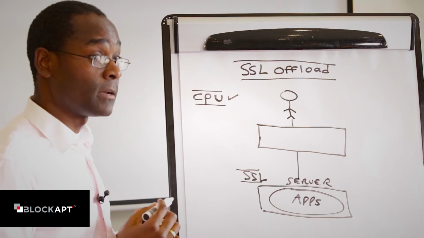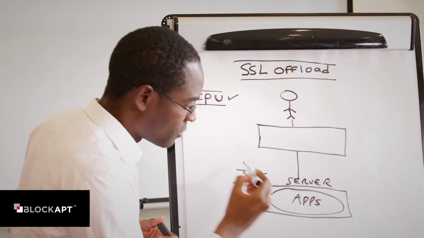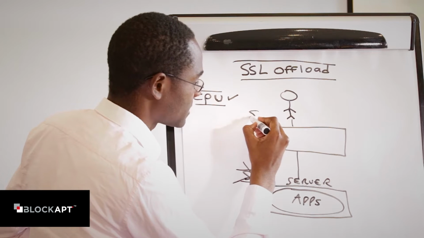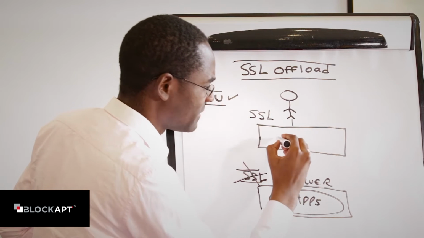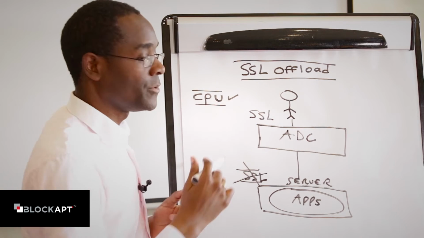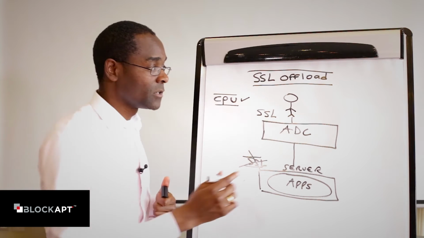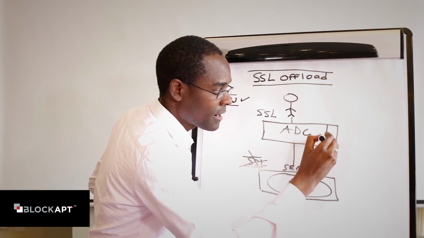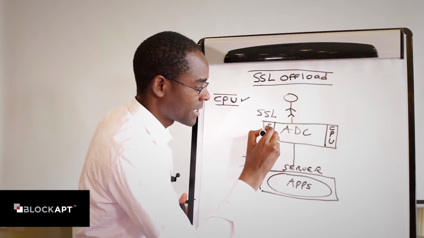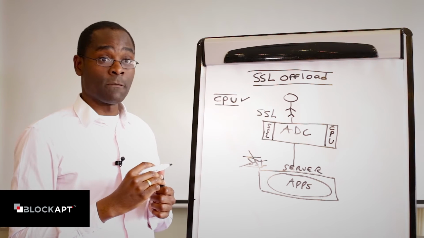So essentially, I don't need to have any of the SSL on my backend server. I can offload it to this device. Why? Because these devices are usually designed to cope with the huge amount of SSL transactions, given that it's very CPU intensive. They will have specialist cards to cope with all the hard SSL work. And that's essentially what we refer to as SSL offload.